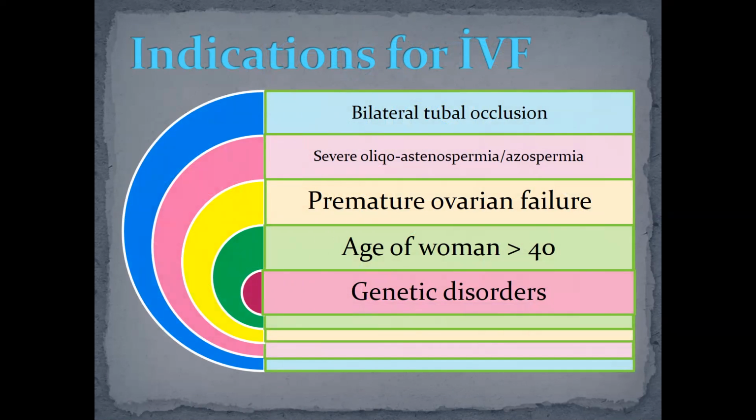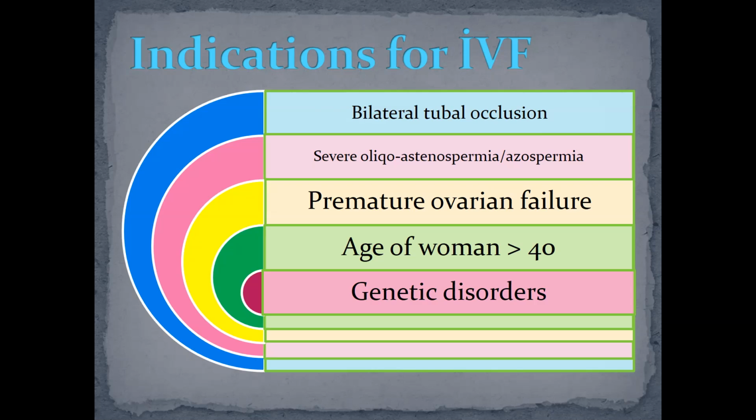It's bilateral tubal occlusion, when there is no possibility for treatment and removal of these adhesions, then we recommend IVF. Severe oligoasthenospermia or azoospermia, which is the absence of normal sperm cells in the ejaculate.